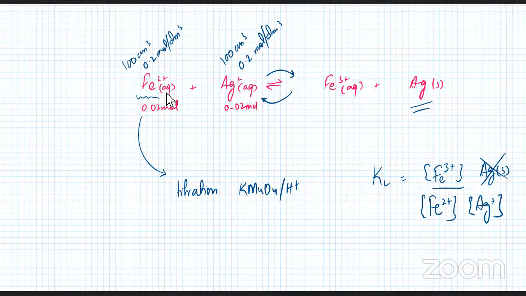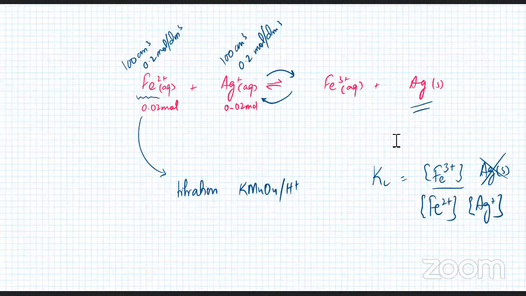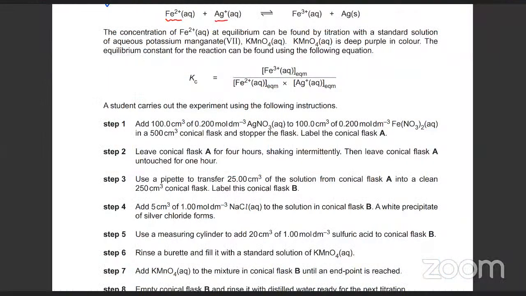So he's added 0.02 moles of both substances in the equilibrium mixture. Now, it's going to reach equilibrium, so the moles will change. There's no products initially, so the moles of the products will increase, and the moles of the reactants are going to decrease. There's going to be a bit of a forward reaction, and this is what's going to happen.